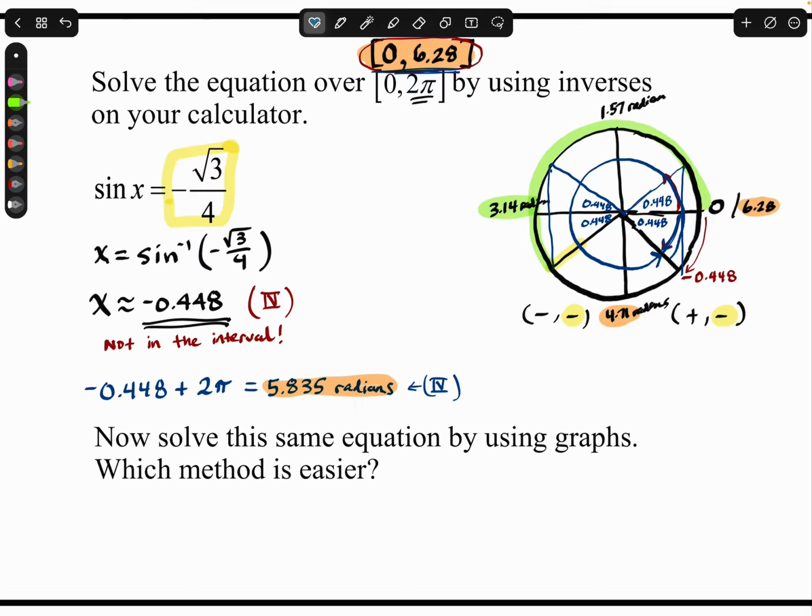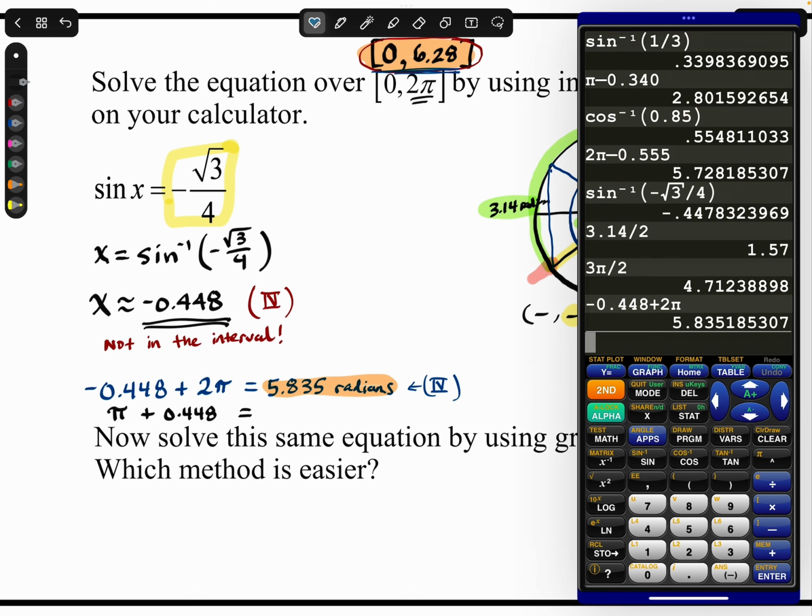So we can take that, or pi radians, and add to it our reference angle to figure out where we're at when we're down here. So let's go ahead and do that. We're going to take pi, and we're going to add to it 0.448 radians. We'll just pull out our calculator and do that.